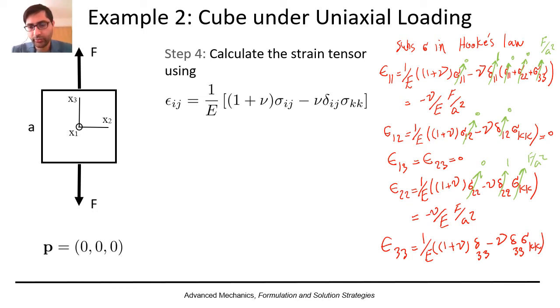Here we know sigma 3, 3 is F divided by A squared and delta 3, 3 is 1. Sigma kk is the trace, again F divided by A squared.